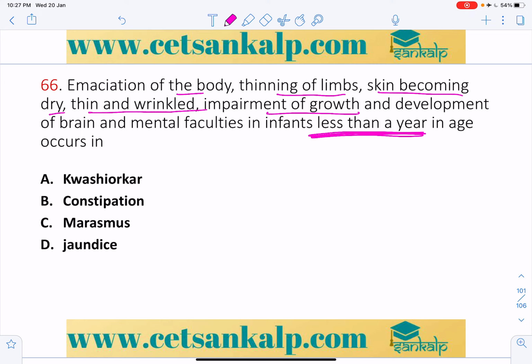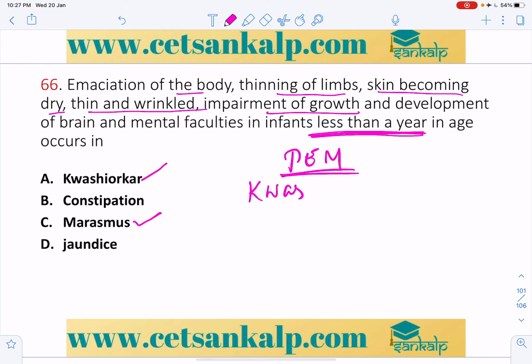Here we can say that there are two types of protein energy malnutrition. One is kwashiorkor, the other is marasmus. Whenever we think about this, generally in kwashiorkor the volume of the body decreases, but other diets will be there.